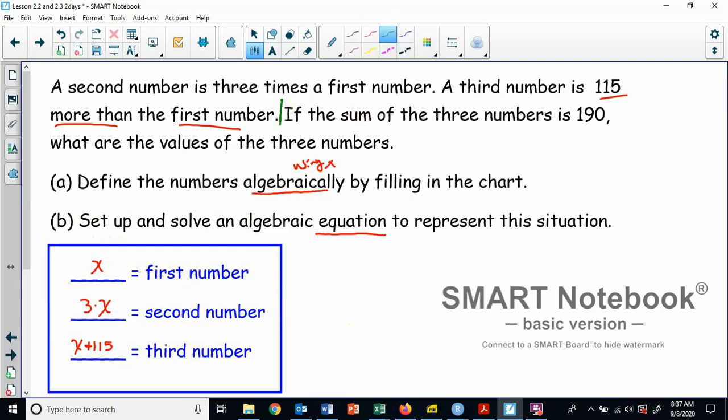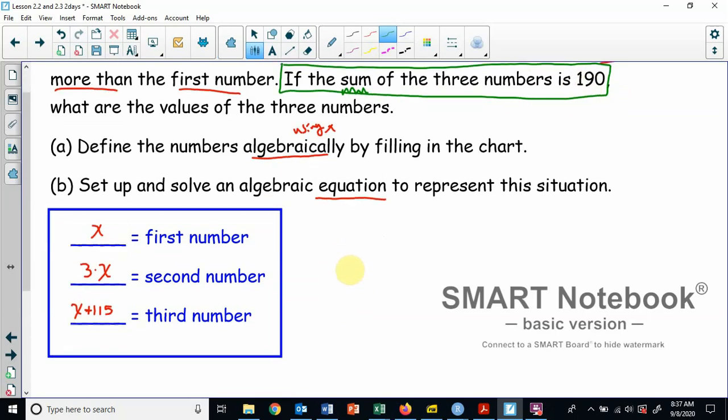You were given one sentence that tells you how the three numbers relate. That the sum, that means if you add all three numbers, you should get 190. So you don't have to write it this way, but I'm going to go: the first number plus the second number plus the third number should equal 190. And we happen to know what the first, second, and third numbers are, at least how we're going to represent them. The first number is x.